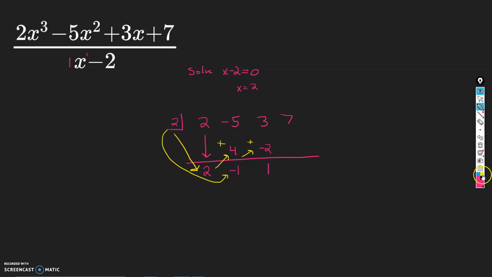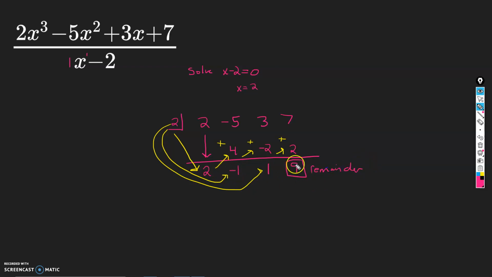Same thing, multiply and add: 2 times 1 is 2, so 7 plus 2 gives me 9. This last number is always our remainder. So this did not go in evenly.